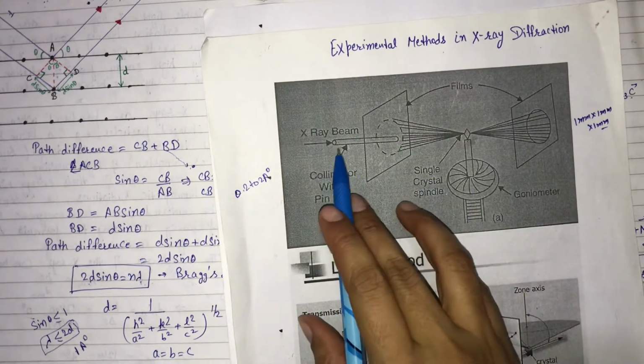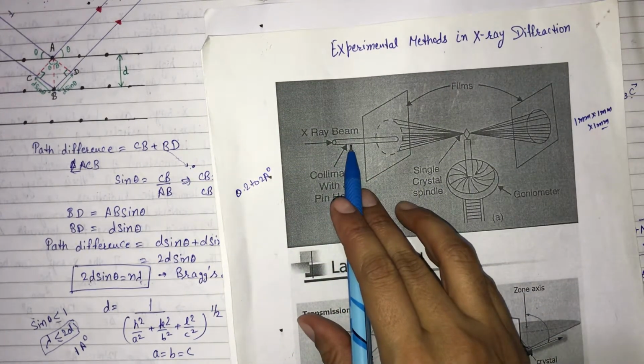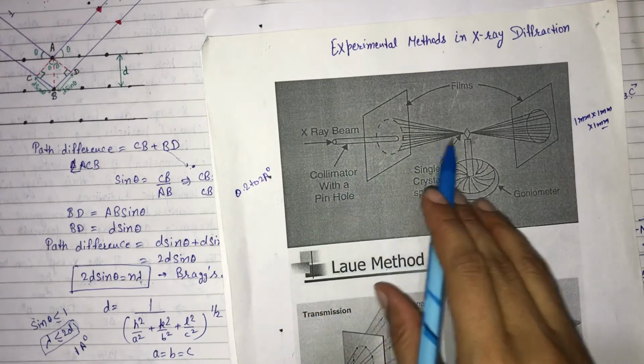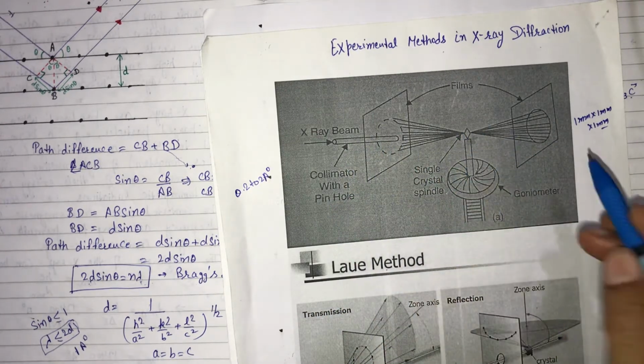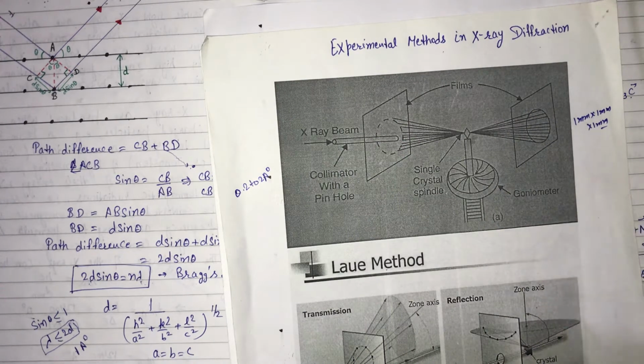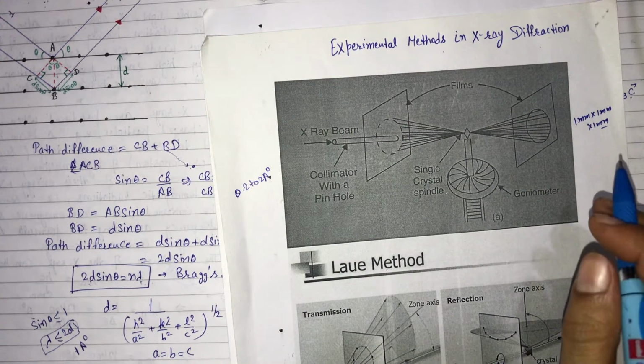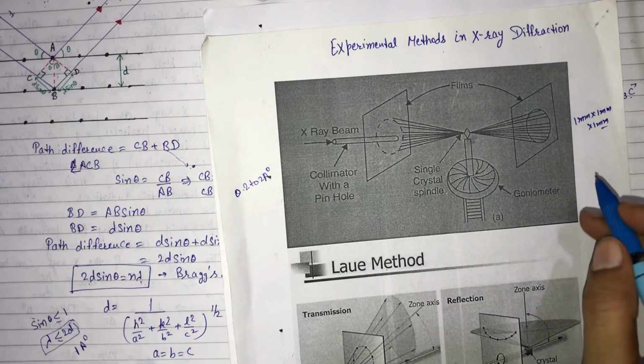So an X-ray beam of variable wavelength is allowed to be incident on a single crystal placed on a goniometer, with angle theta fixed.